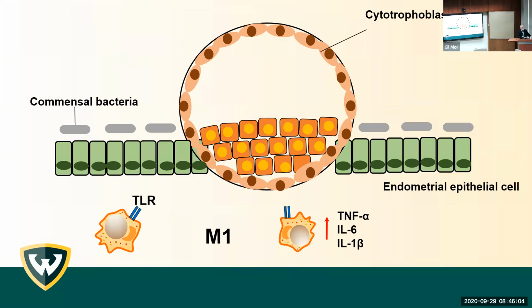So we know now that at the time of implantation, we have a lot of M1 macrophages. And I showed you also in the talk when we discussed the subject of inflammation and implantation, they are important for communicating with the residual cells and creating this microenvironment that will help the trophoblast to invade.